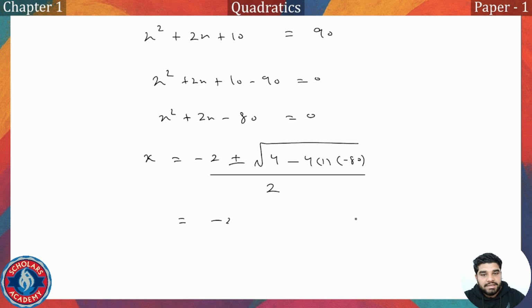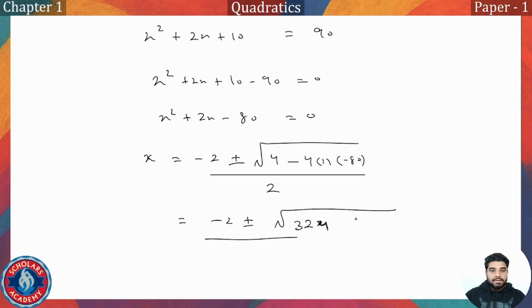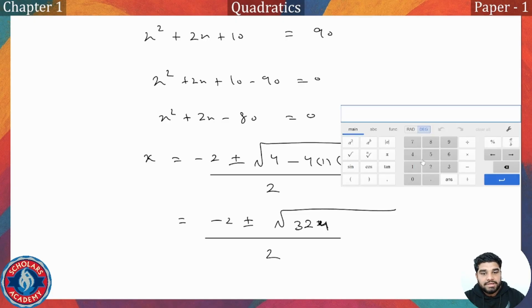So that gives us negative 2 plus minus root of 4 plus 320, that is 324, divided by 2. So if we want to find the square root of 324, this is actually 18, right?